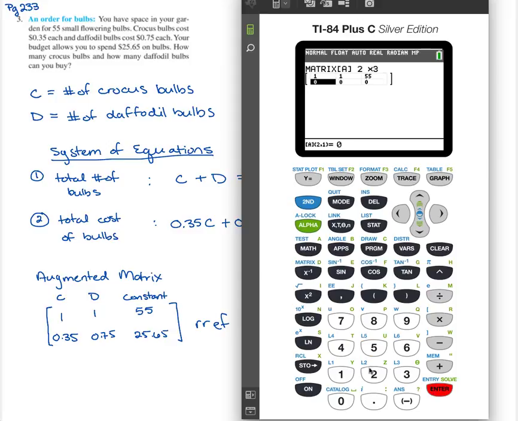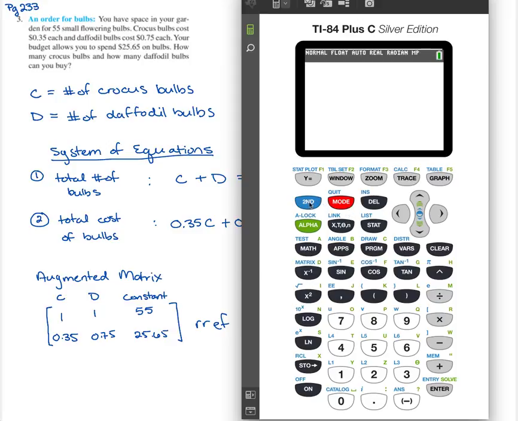The second row is 0.35, 0.75, and then 25.65. Now that I have my matrix, I'm going to quit out of this window by pressing second and this button here.